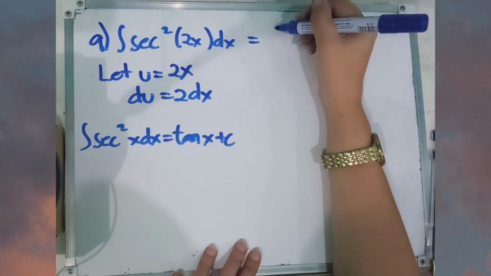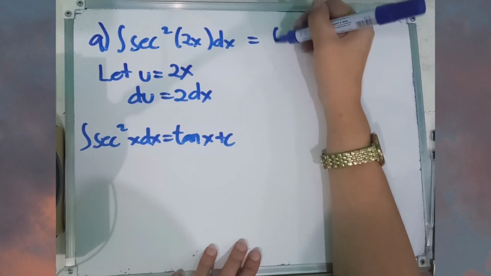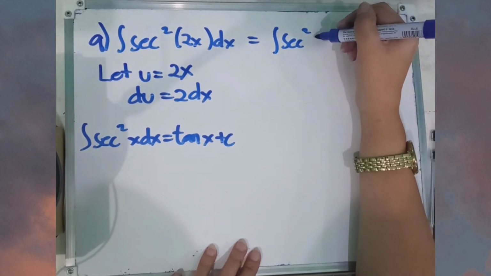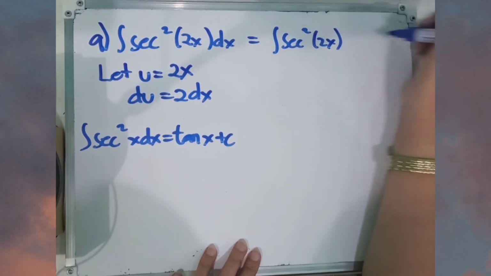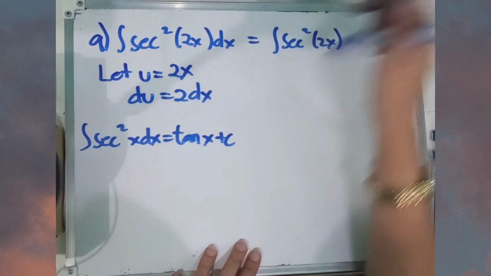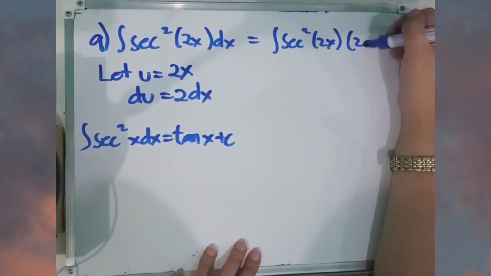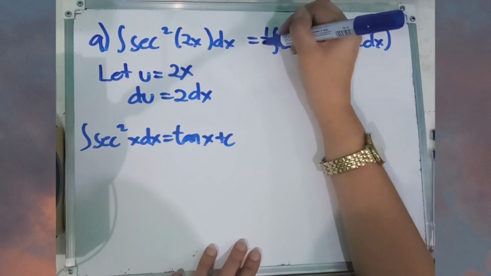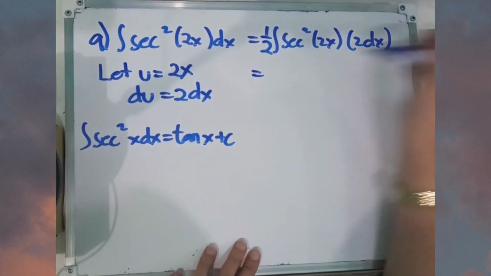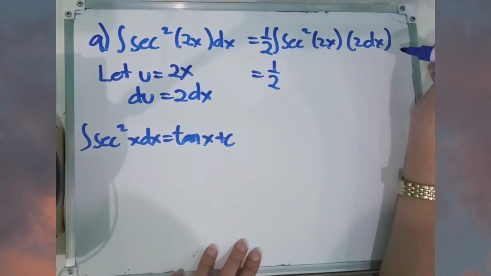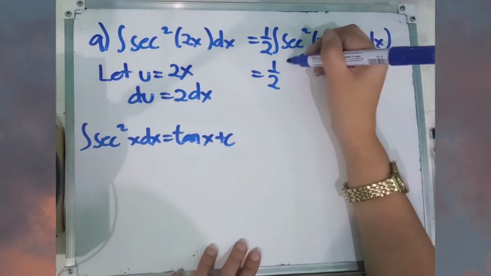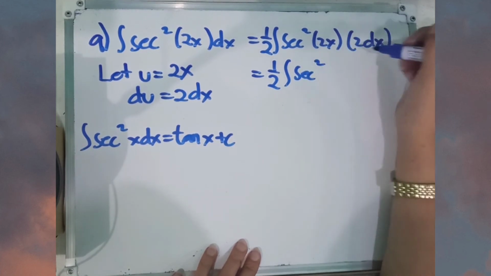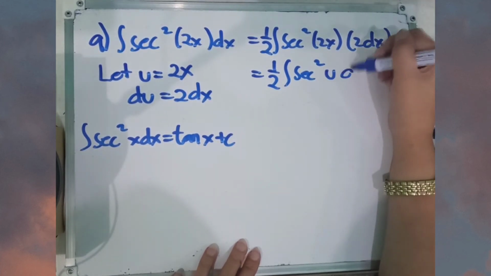So we can rewrite this one as the integral of secant squared 2x. du is 2 dx, so we can rewrite that as 2 dx. And again, don't forget to put 1/2 outside of the radical symbol. So that's 1/2 the integral of secant squared 2x, which is u, that is du.